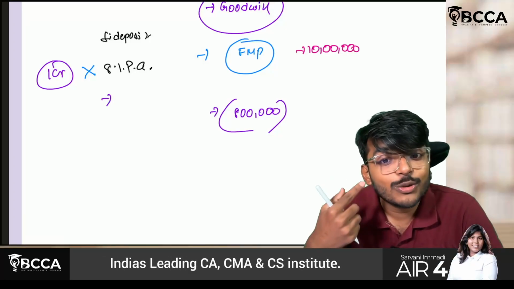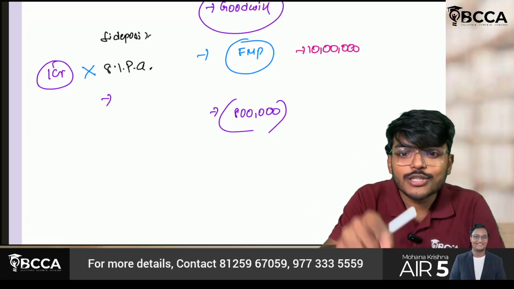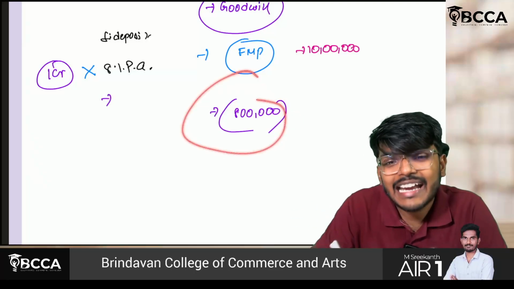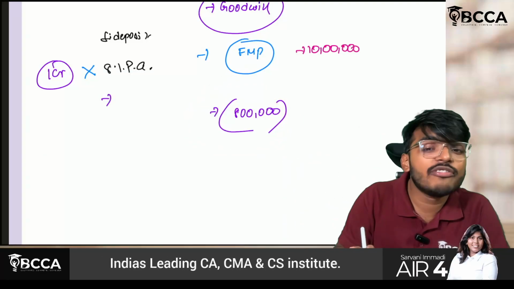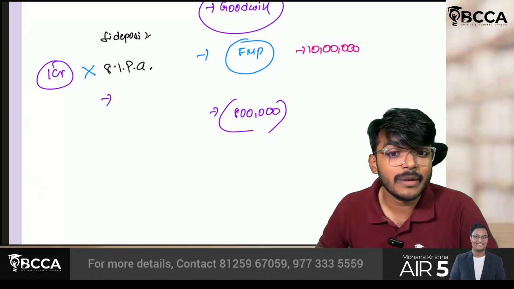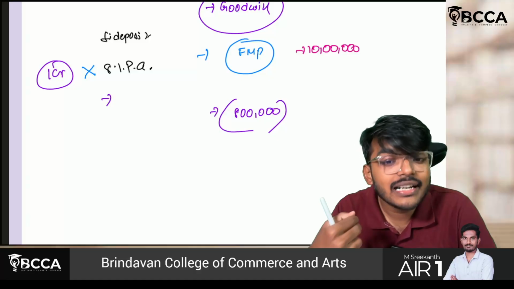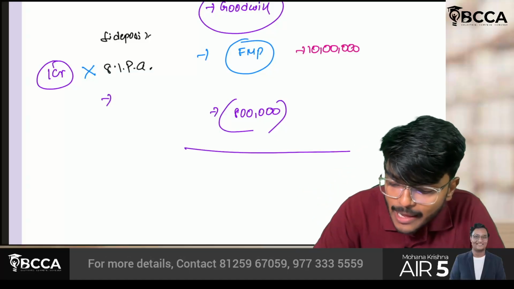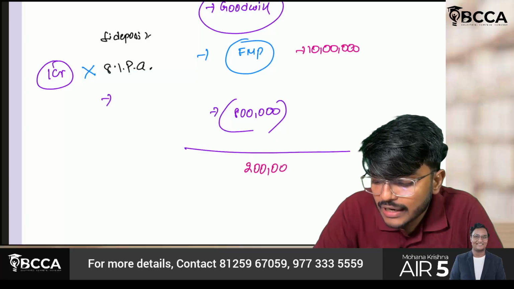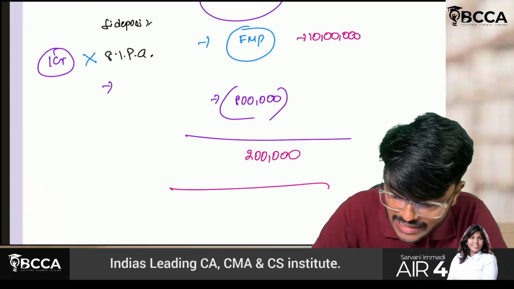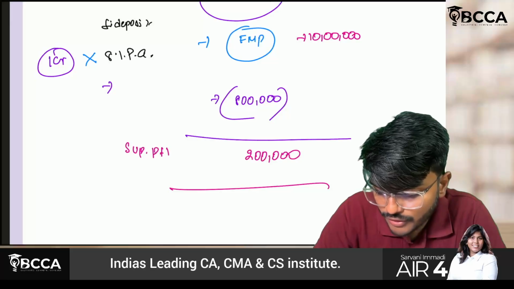I will invest in your entity only because you are earning an extra 2 lakh rupees. Because I will get 8 lakh rupees anyway. Even if I invest elsewhere, I will still get this 8 lakh rupees. Which means I am interested in investing in your company only for the extra profit of 2 lakh rupees. This 2 lakh rupees is called super profit.